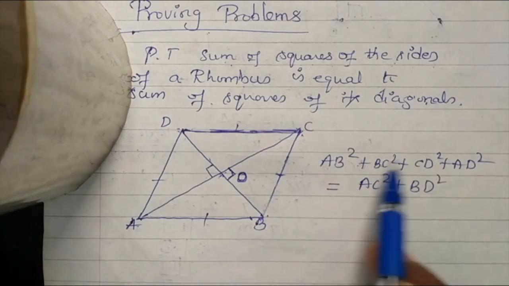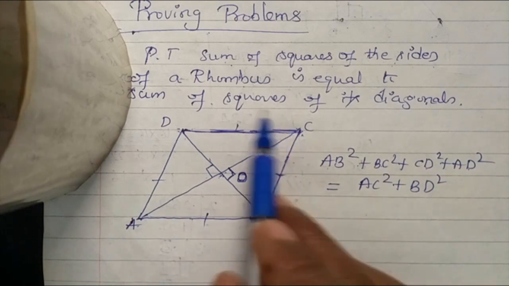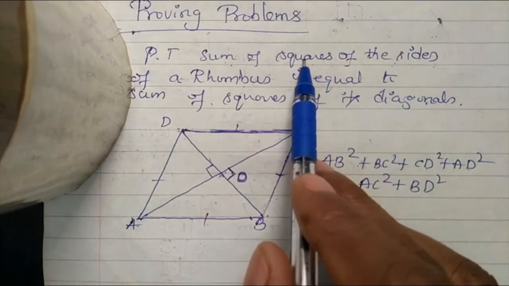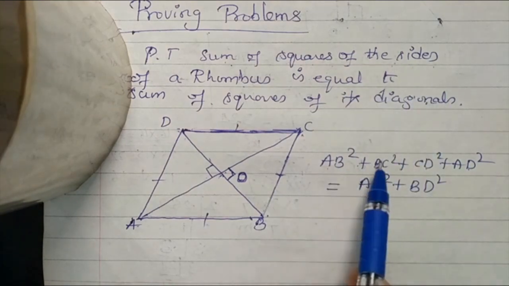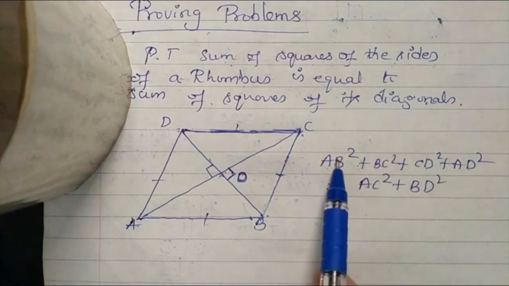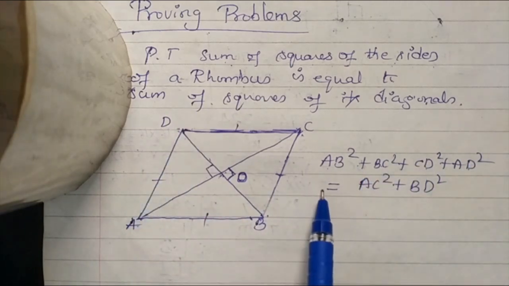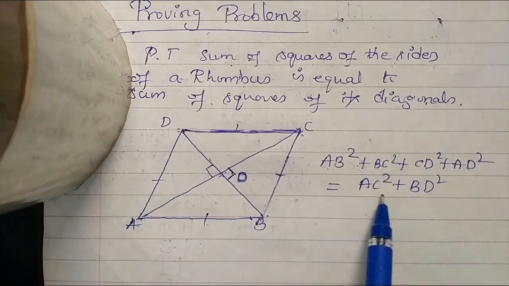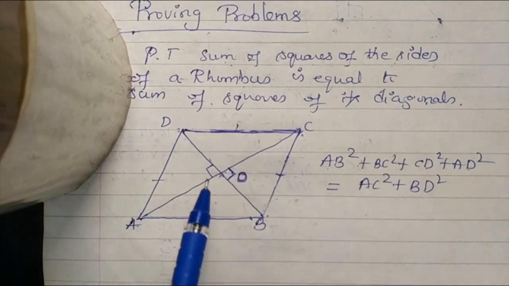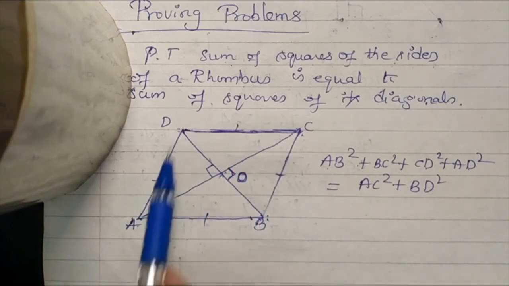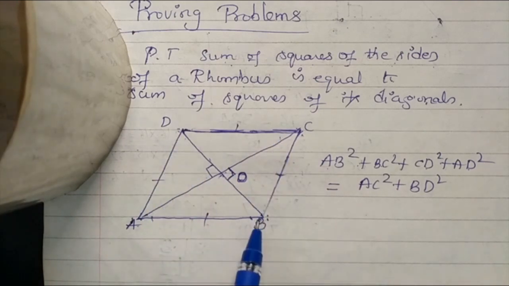The AB square, BC square, CD square, AD square, all four are squares of sides. See, these are all squares of these sides: AB, BC, CD, AD. This is equal to sum of squares of its diagonals. So AC square plus BD square. That means in simple way, AC square and BD square, these two are diagonals.